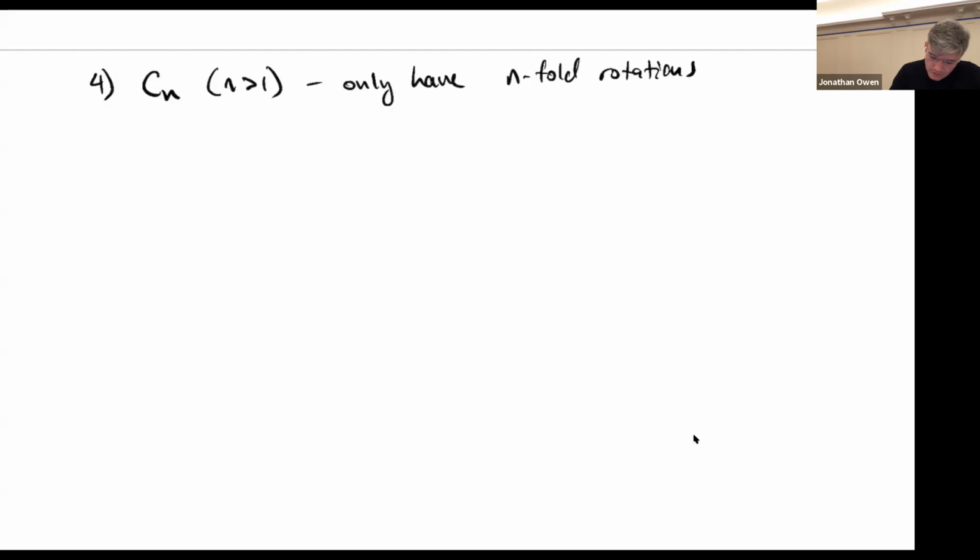Okay, so let's do n equals 3, or C3 as an example. And the molecule we're going to work with here is this oxyfluoride of boron.